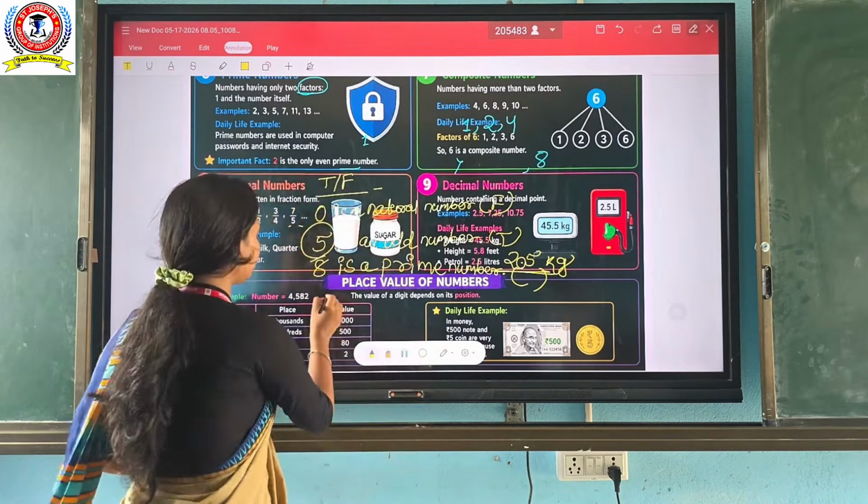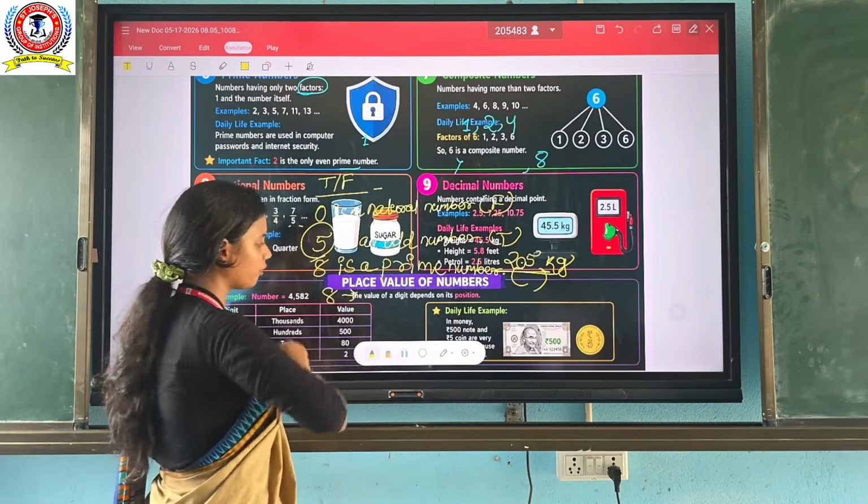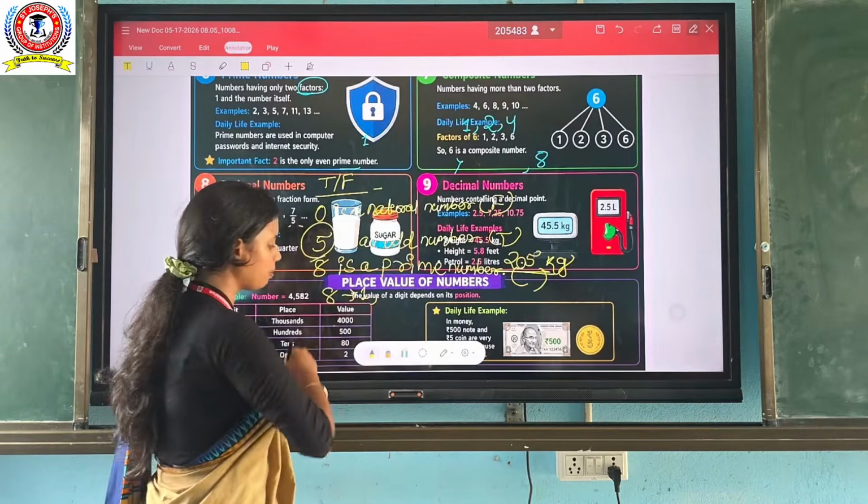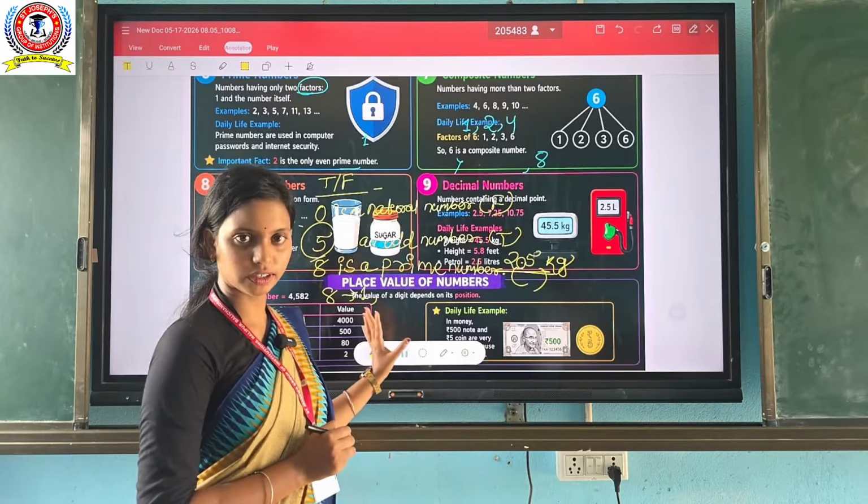So first find out the factors of 8. 1 is a factor of every number, so 1 will be a factor of 8.